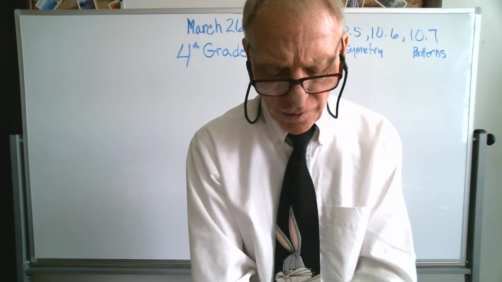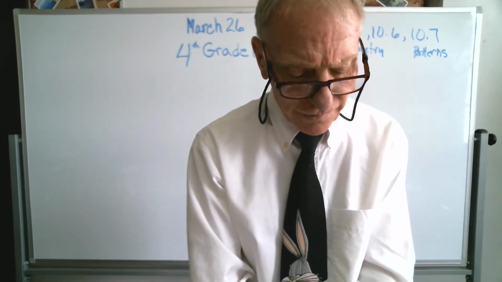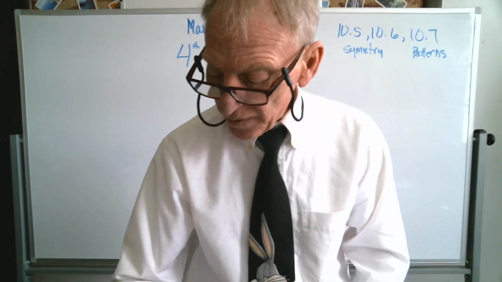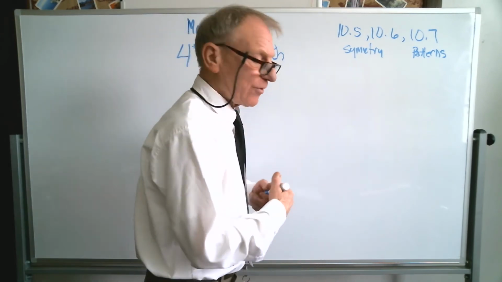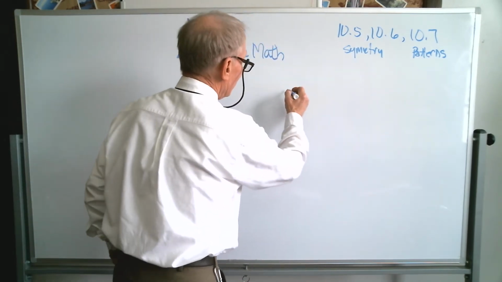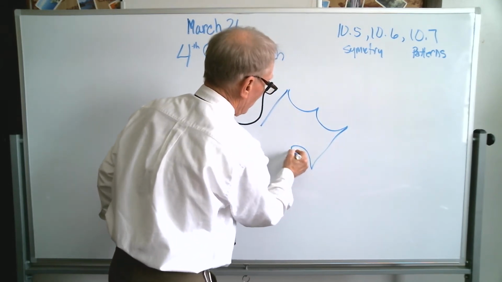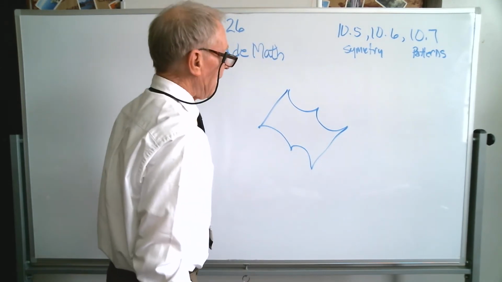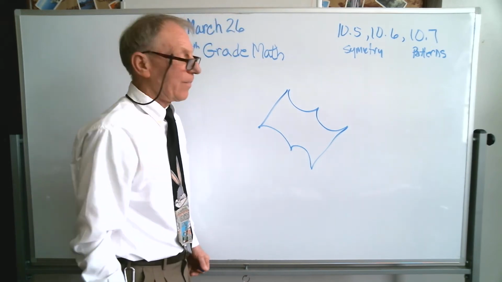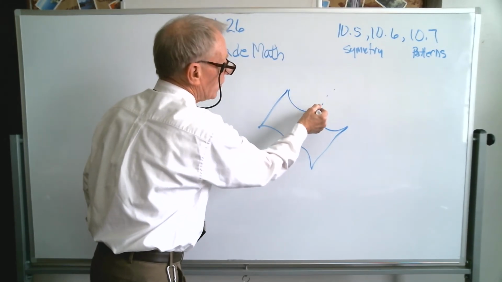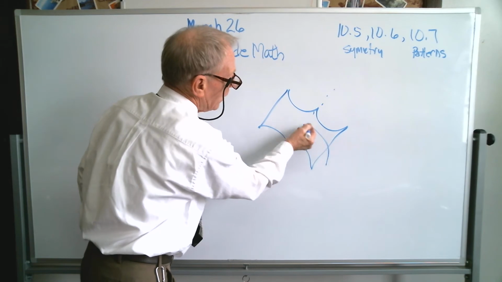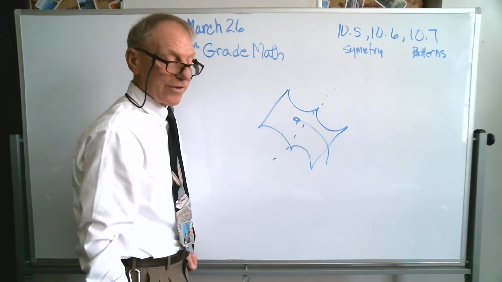So just go through the lesson, look at the different shapes. Some of them are really kind of interesting. Here's a shape, looks like this, and it asks you, is that symmetric? Well, if you run the line through it this way and fold this half over onto that half, well, yes, it is.